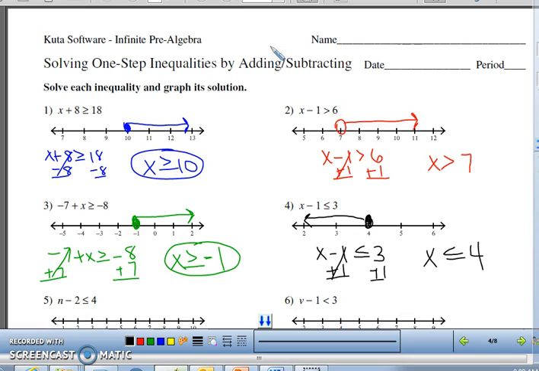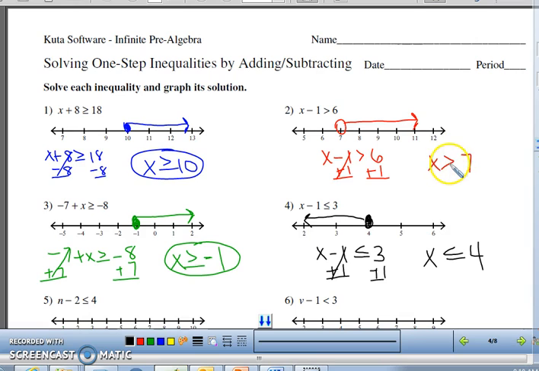Okay, you can pause the video to check your answers. I do want to point out, because a lot of you were asking me yesterday about the arrows. Remember, the way that you determine if you color the dot in or not is based on the sign in the problem. So if it's a greater than or equal to, or a less than or equal to, you color it in.